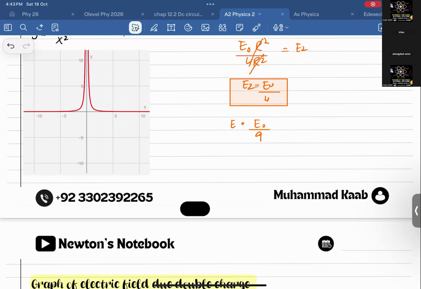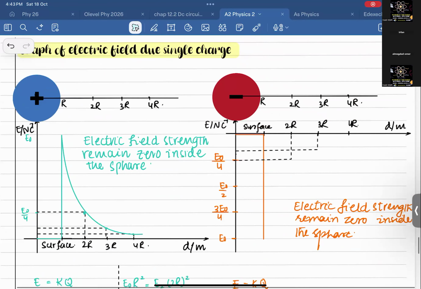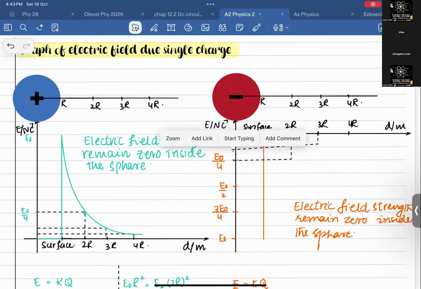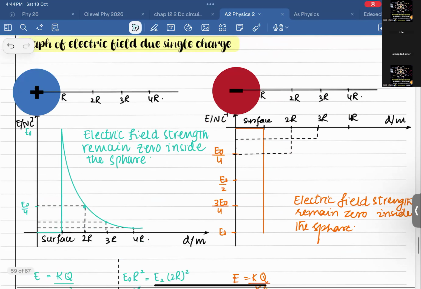It should be even smaller than that value. It should go a bit lower. Okay, so this is the third point.